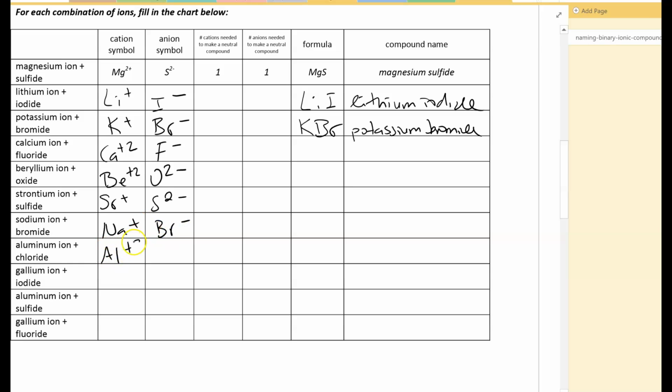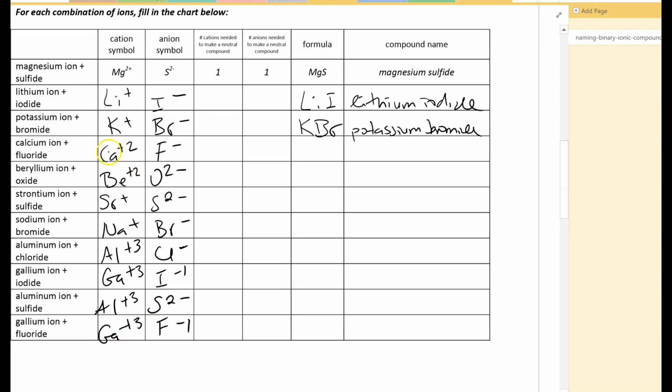Aluminum is +3 because it's a group 13 metal. Gallium too, but for the most part, aluminum is always +3. So chloride is -1. Gallium is also +3. Iodine is -1. Aluminum is +3. Sulfide is -2. Gallium is +3. Fluoride is -1.